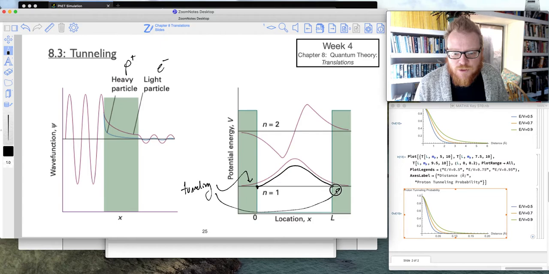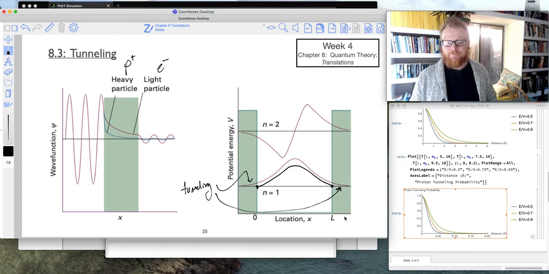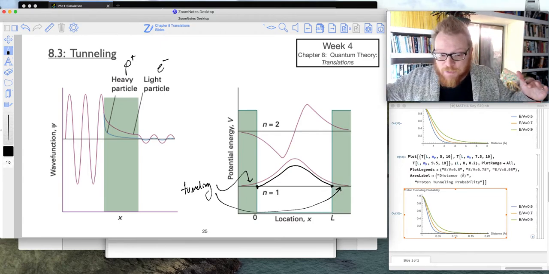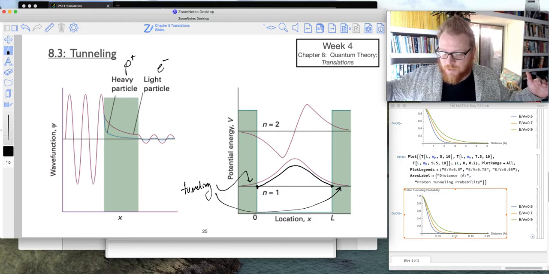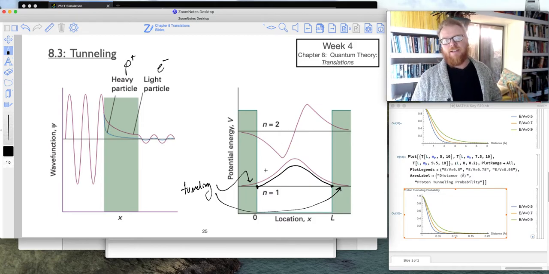So some small amount of tunneling is possible into the box barrier, okay? And then similarly, if we go up to the n is equal to 2 level, we still see features that we saw similarly to the particle in a box. However, more tunneling into that barrier.